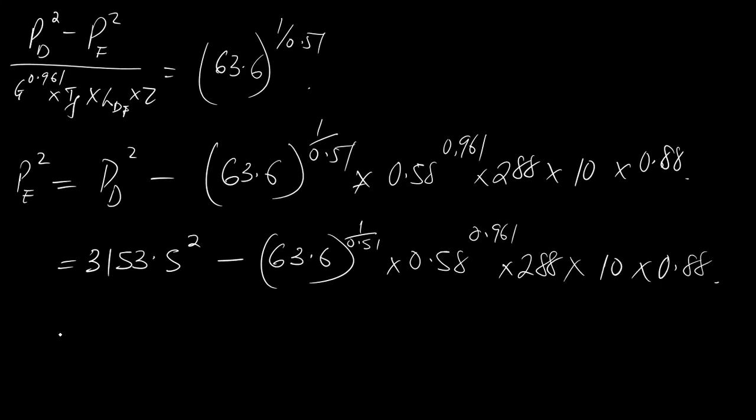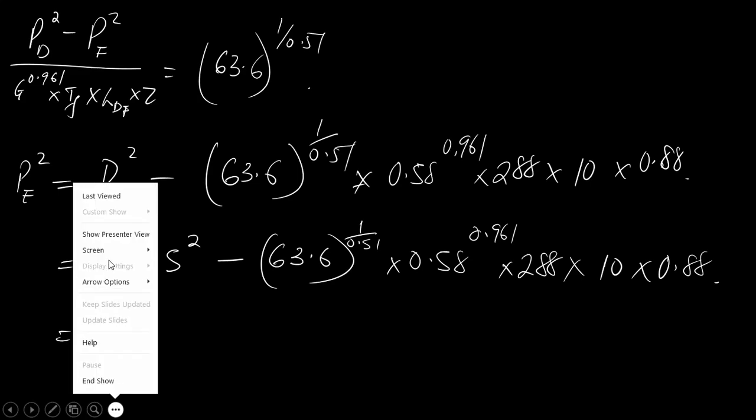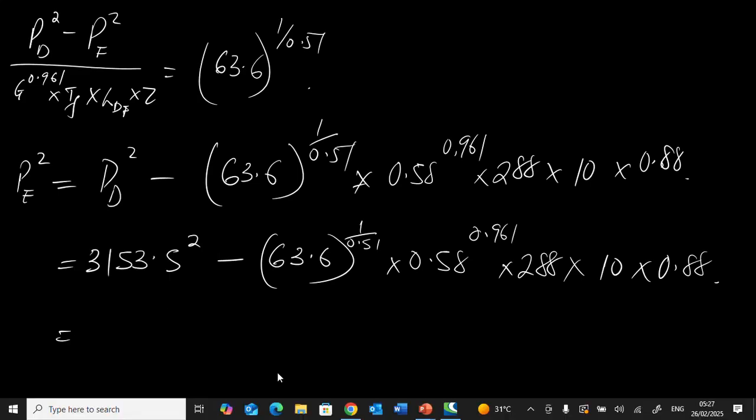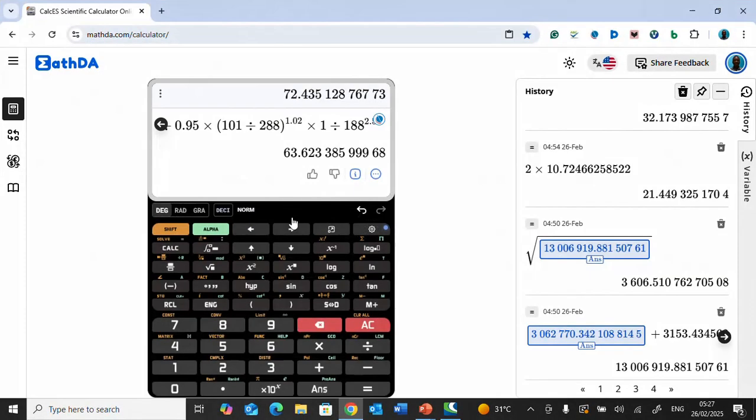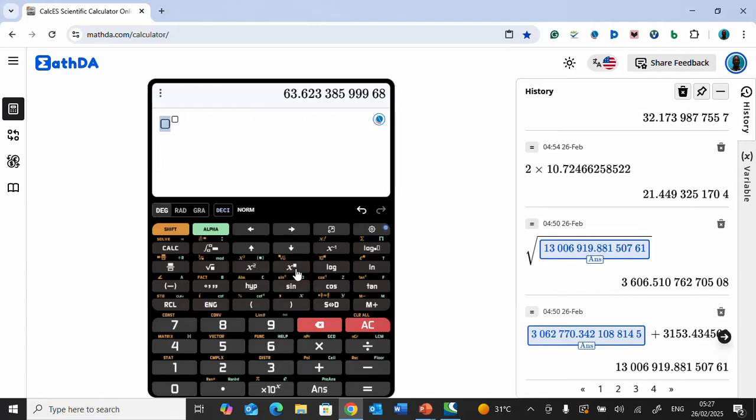So this is how we solve here. Let's use our calculator now. We have gotten this. What I will just do is raise to power.